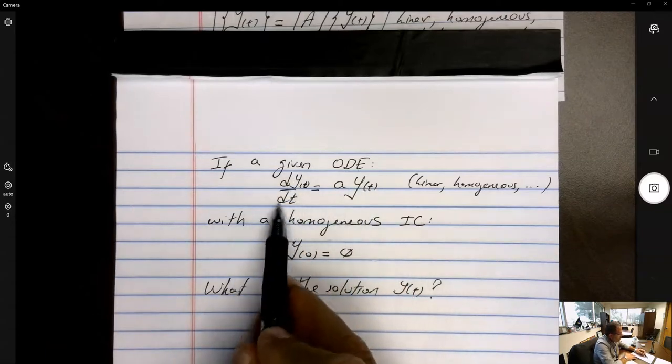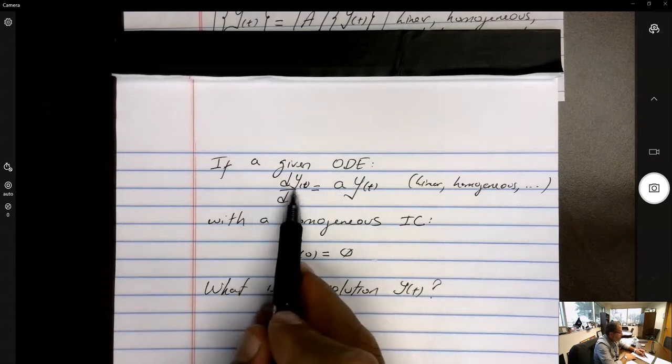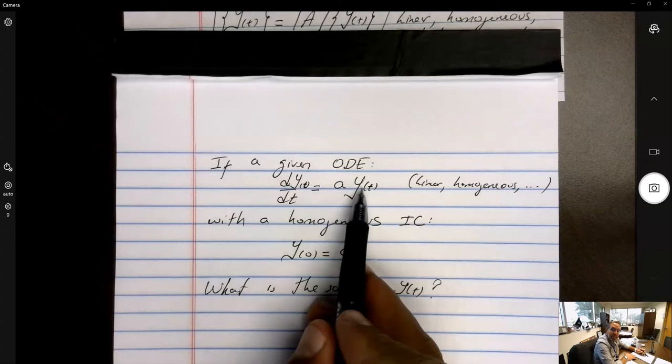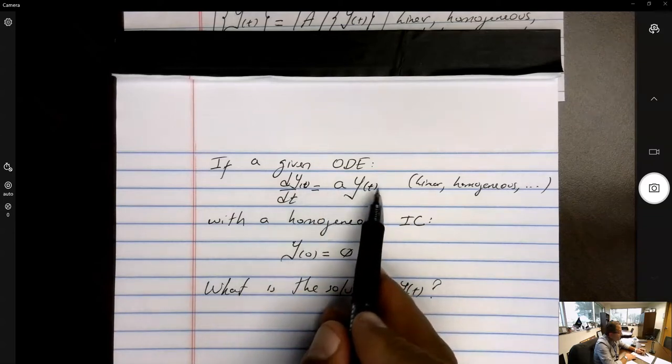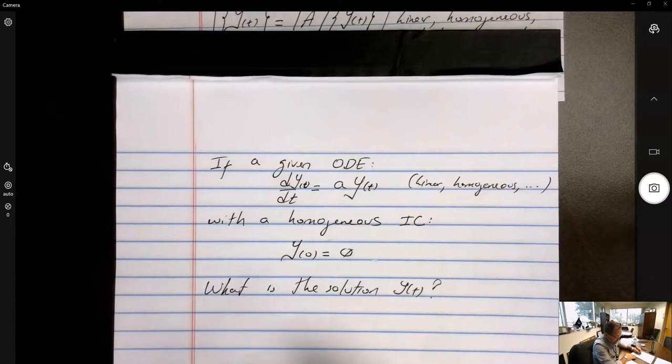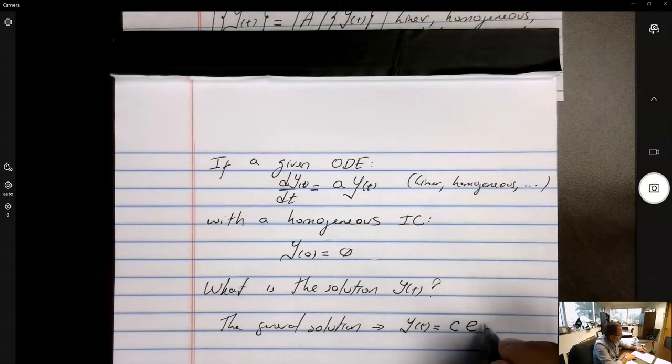So I get the integral of dy over y is equal to a times the integral of dt. So I get the log of y is equal to a t. That means that y is equal to e to the a t. So the general solution would be y of t equals a constant times e to the a t.